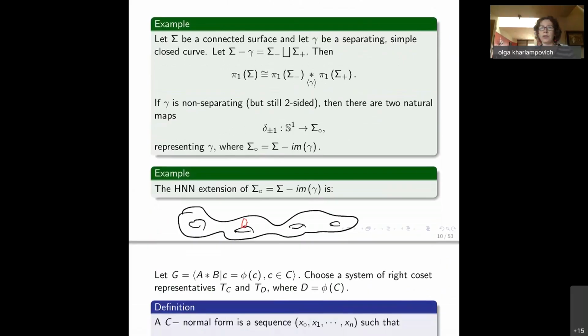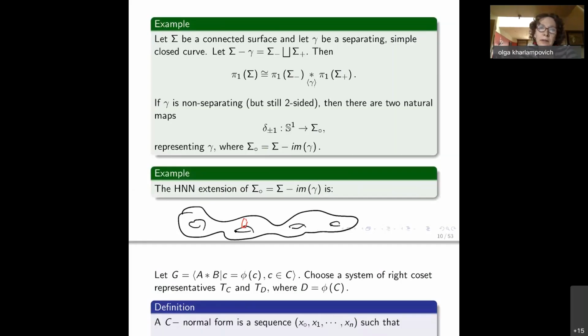Then we can cut the surface along this simple closed curve and we get a topological space, which has a fundamental group that is actually a free group.